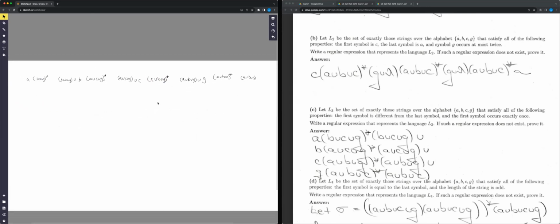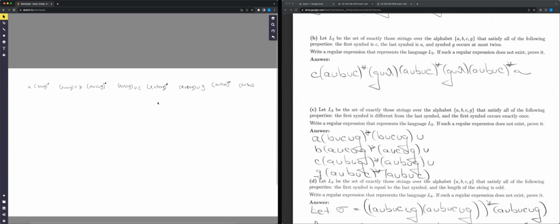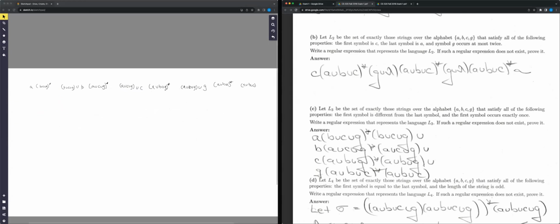Is that better? Yeah, thanks. Yeah, it's just one long string. Good luck writing that in one line on an exam.